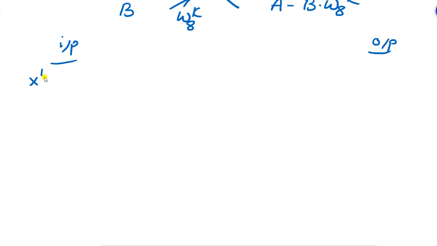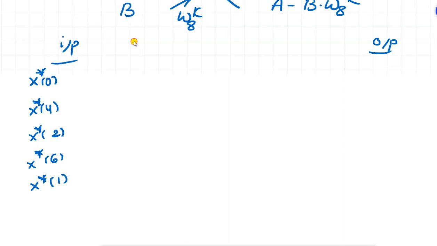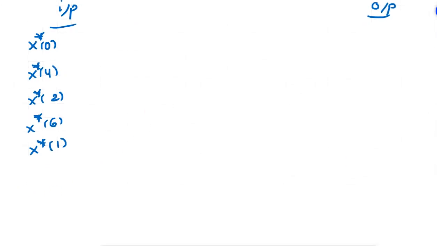So we take X conjugate of 0, X conjugate of 4, X conjugate of 2, X conjugate of 6, X conjugate of 1, X conjugate of 5, X conjugate of 3, and X conjugate of 7.